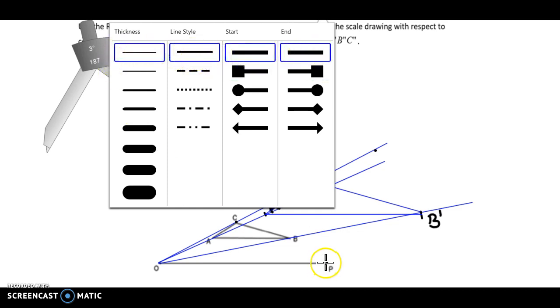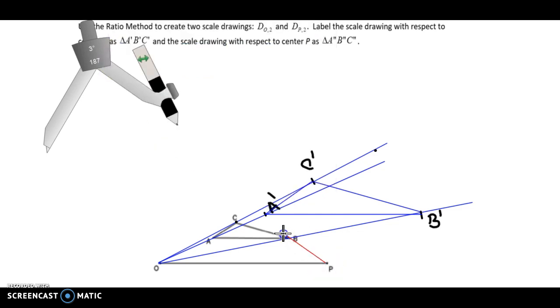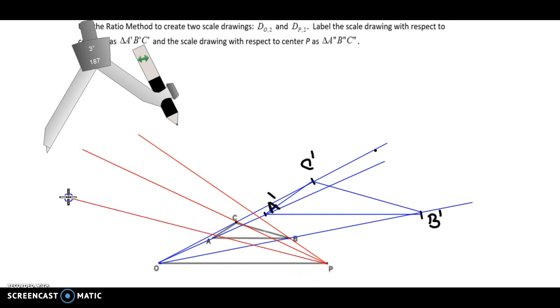I'm going to start with my point at P, and I'm going to draw my lines going the opposite direction, and then follow the same process that I just did for A, B, and C, but now I'm going to get A double prime, B double prime, C double prime. Then you can go from there, answer the rest of the questions, and see what you notice about the two new triangles. I would have one in blue and one in red on the opposite side. So go ahead and finish that up.